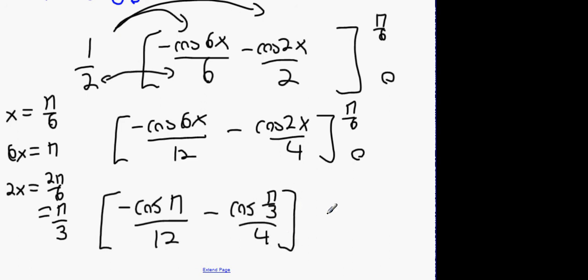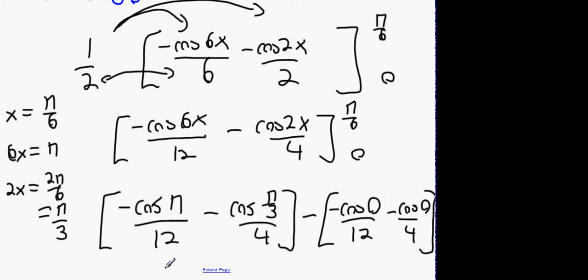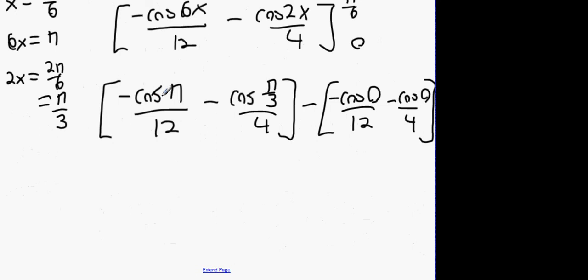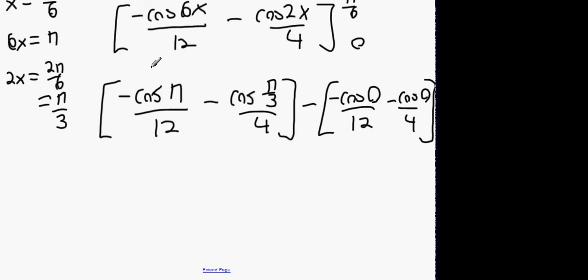And then we have to take away minus cos 0 over 12 minus cos 0 over 4. Unfortunately, you have to put all of this into the calculator because none of it will disappear, so to speak. Now what's cos pi in your calculator? Minus 1.